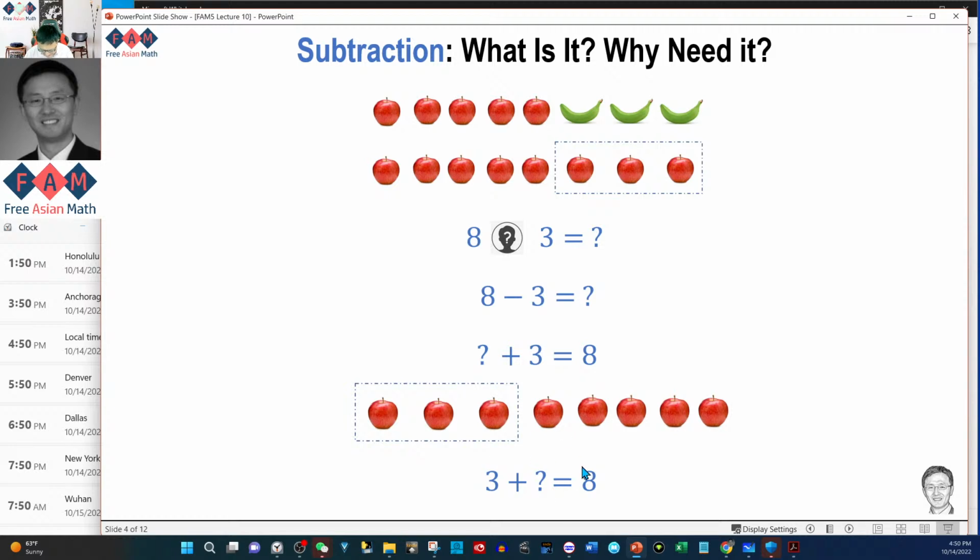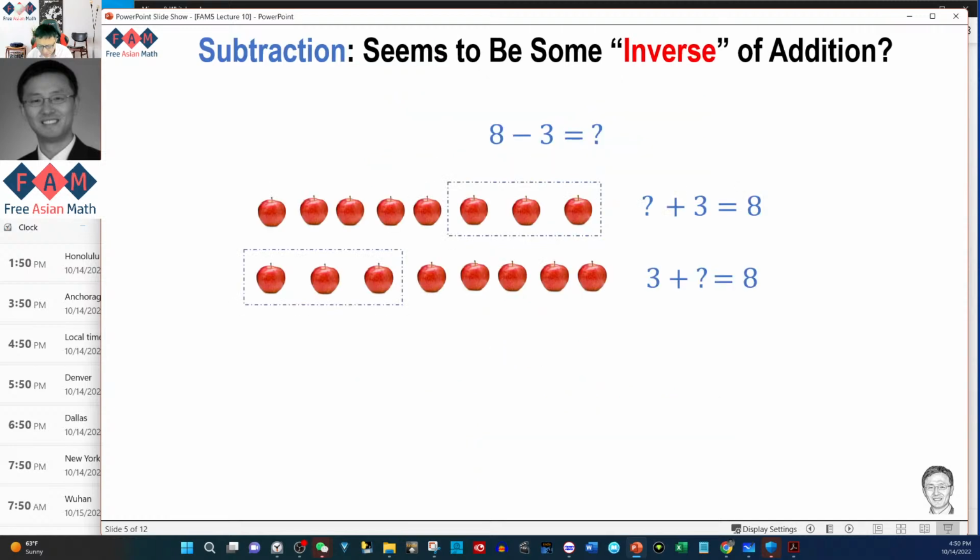So this is just a digression, but our focus is on the first one. When we subtract 3 from 8 equals this question mark, we are essentially figuring out what number the question mark should be to satisfy question mark plus 3 must be 8. Okay, so now that's our motivation for how to define subtraction.